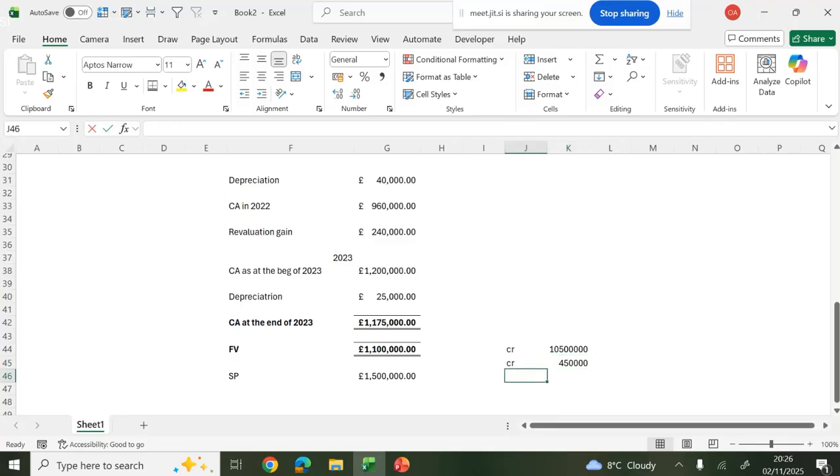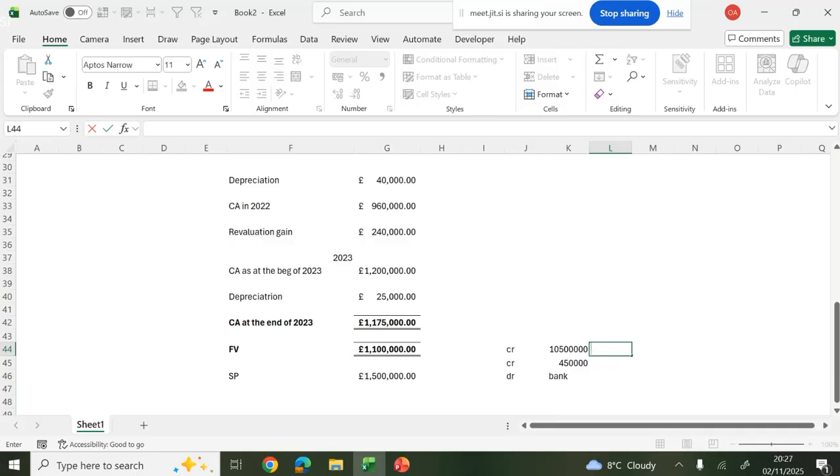Then the debits, something's coming to our bank, right? Our bank should be 1.5 million. This amount, 1.5 million. Does that make sense? Because this comes to non-current asset held for sales.